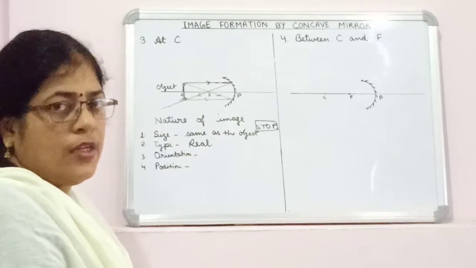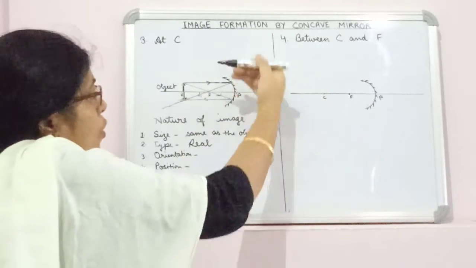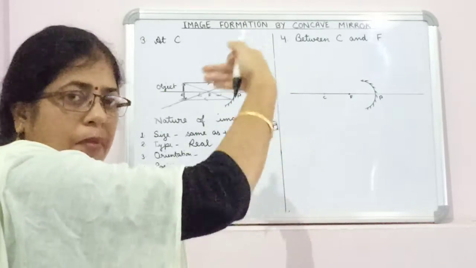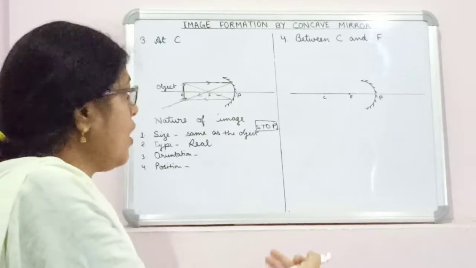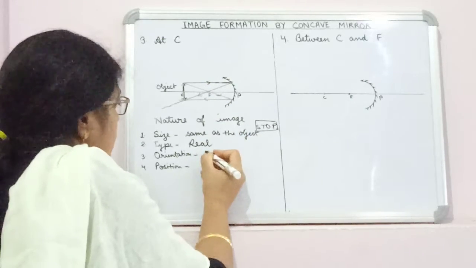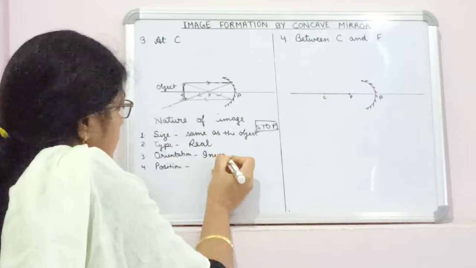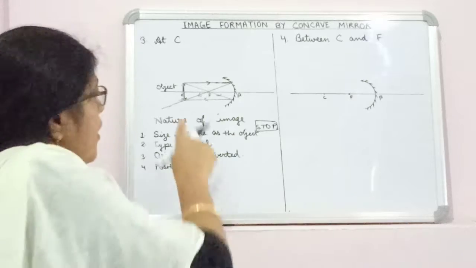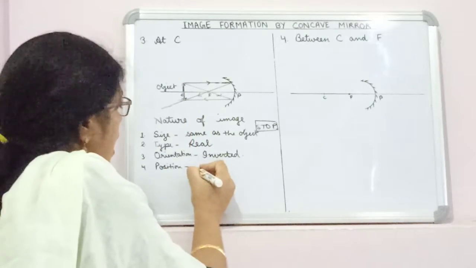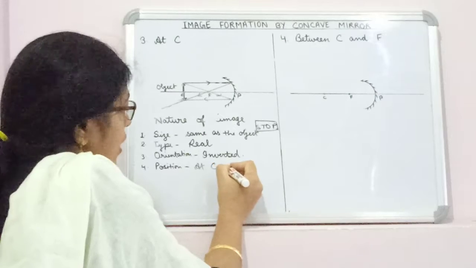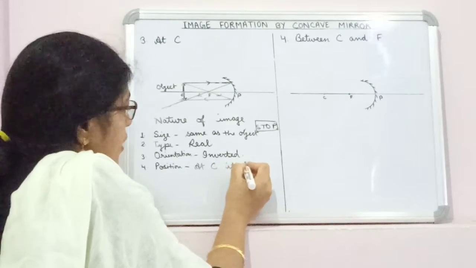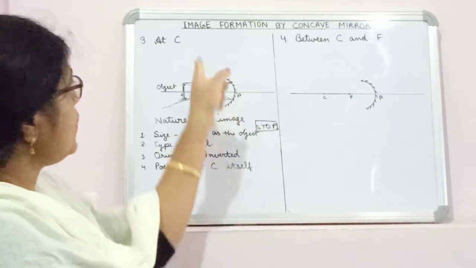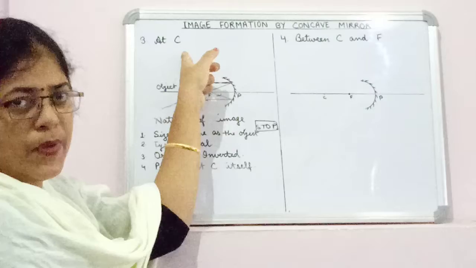Orientation: erect or inverted. You can see it is forming below the principal axis. The object is kept above the principal axis and the image is forming below it, so it is inverted. And the position: it is clear, it is forming at C itself, at the center of curvature itself, when the object is kept at the center of curvature.